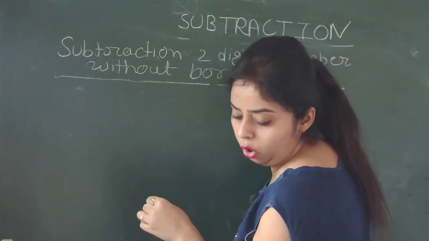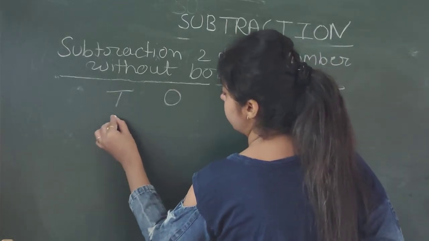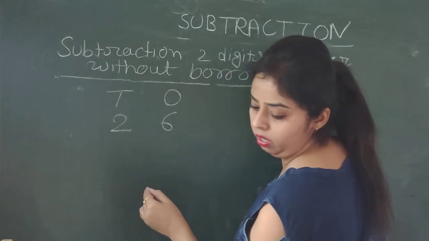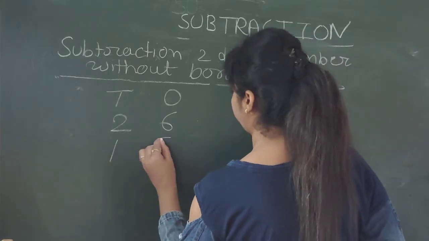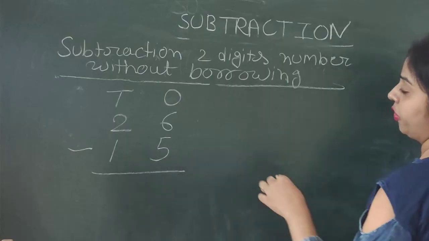So example now, ones place and tens place. 26 subtract the 15. Okay, 26 subtract the 15.